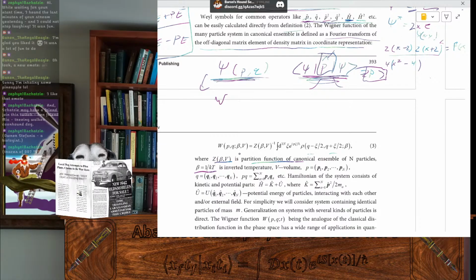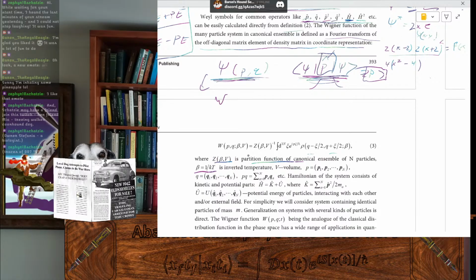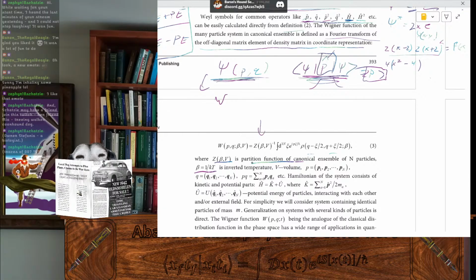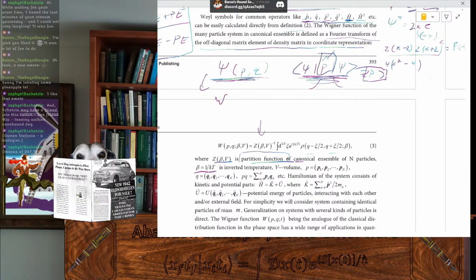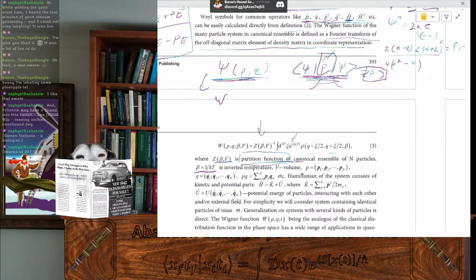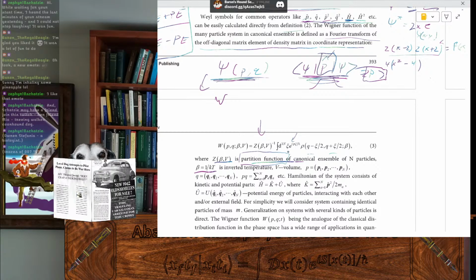Okay, so W of P, Q, beta, V, where Z again is our partition function, so that's kind of telling you the set of possible states, and then we're integrating over a dummy variable. Eta is clearly a dummy variable.